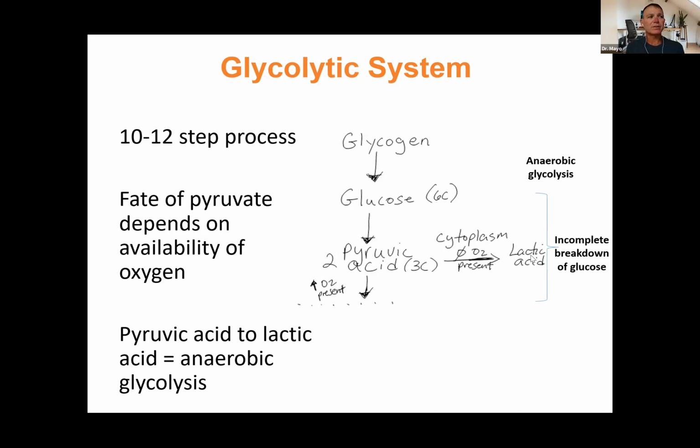One of the terms, which I didn't list here, you may have heard is gluconeogenesis, where you can take either protein or products like lactate and lactic acid and reconvert them back to glucose. But the point here is it's an anaerobic process. It's an incomplete breakdown of glucose. It's not very efficient because you're not completely oxidizing it and breaking it down to CO2, which is what we want to do when we break it down aerobically.